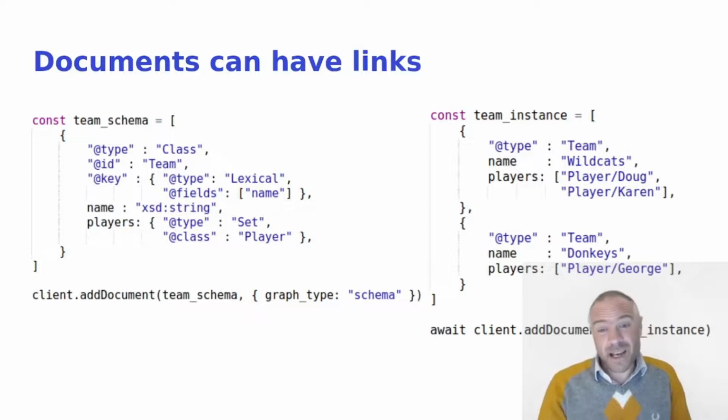Our documents can have links, so they're not just tree-structured information, they're actually graphs. When you refer to a node, a named entity, something that has a unique identifier, the schema tells us that this is not just a string. This is actually an identifier for some other document.